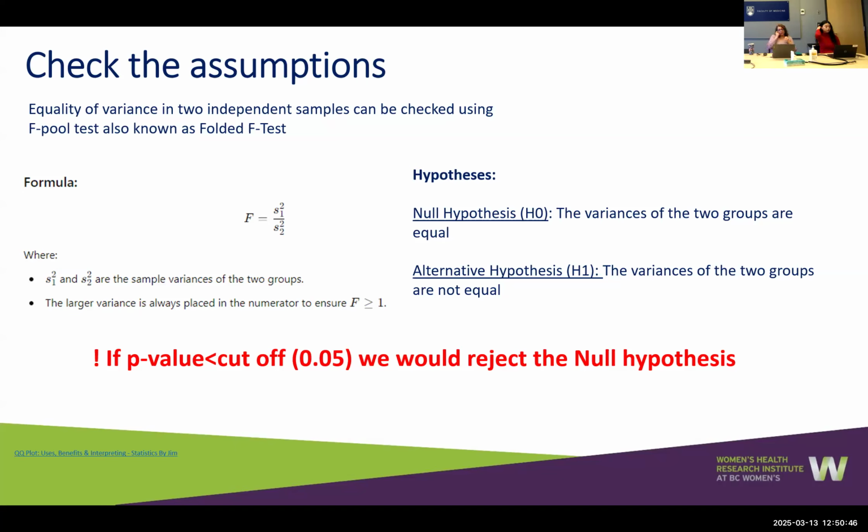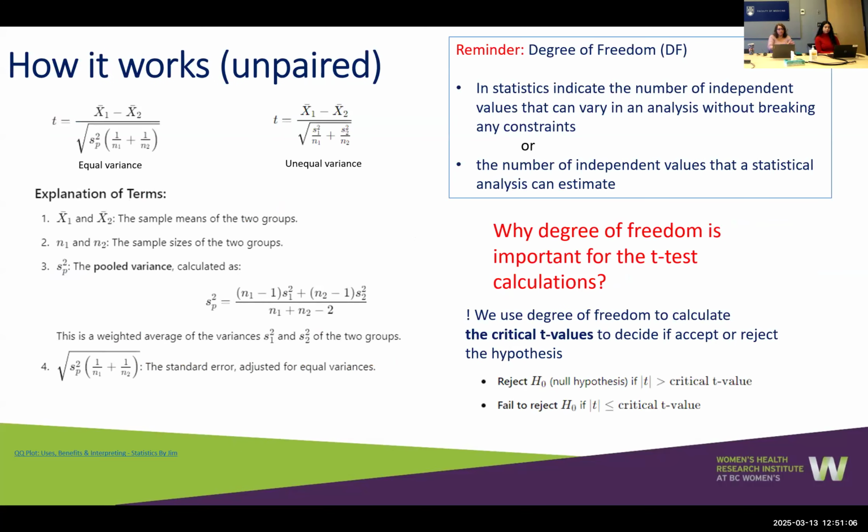If you reject the null hypothesis, it means that the variance in the two groups is not equal and you need to do an adjustment. SAS output gives you both statistics, so basically it doesn't care about your variance. I showed you formulas for the t-test, equal variance and unequal variance.